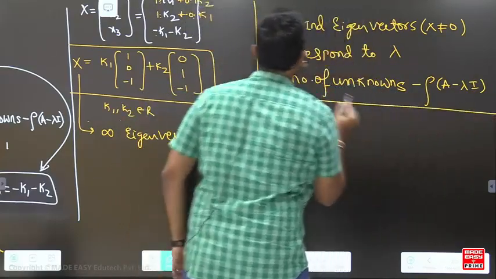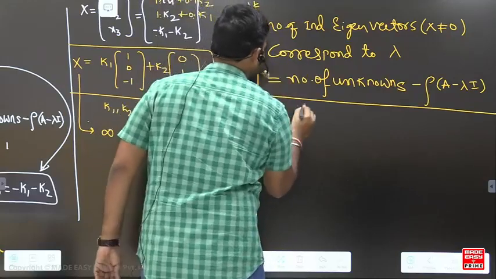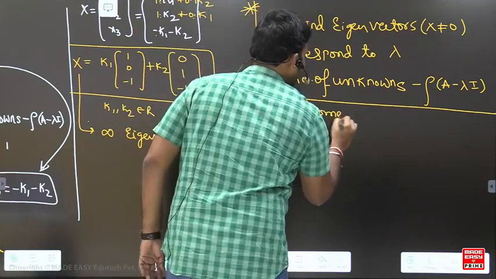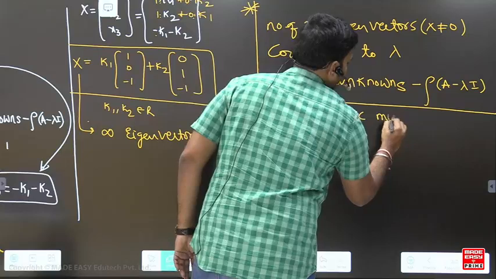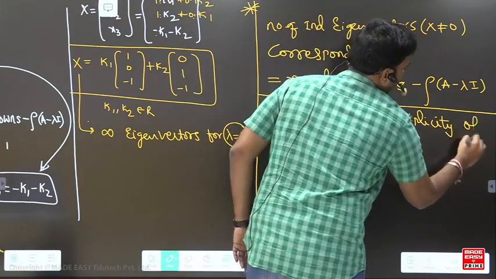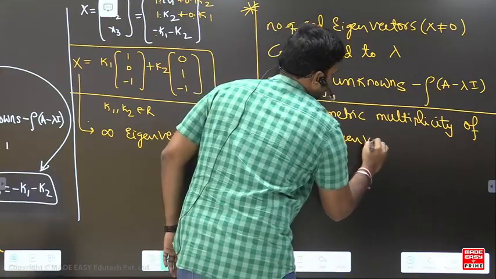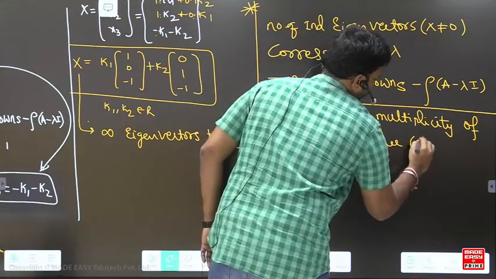I hope you understand. This is also called the geometric multiplicity of an eigenvalue lambda.